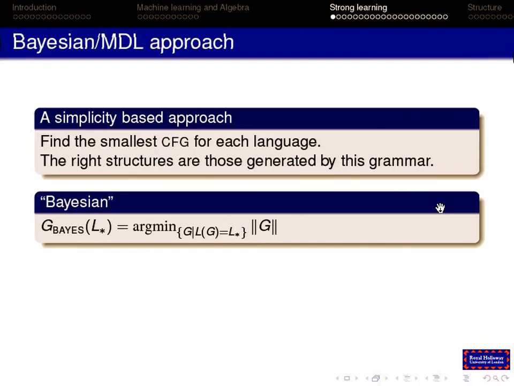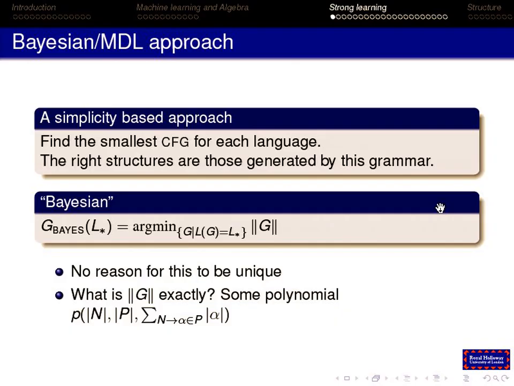One natural way of doing this might be to try and find the smallest context-free grammar for every language, right? So the grammar that, amongst the set of all grammars that define this language, is the smallest one.